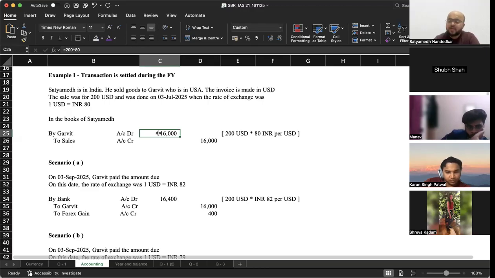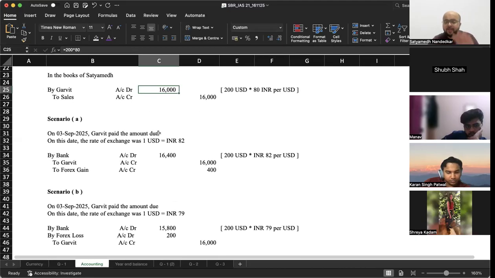Now, you could have a situation where instead of the exchange rate being $1 equal to INR 82, the exchange rate becomes $1 equal to INR, say, 79. So Garvit will transfer $200 from USA. He sent $200, but because the exchange rate was $1 equal to 79, how much money hit my bank account? 200 into 79, 15,800 hit my bank account.